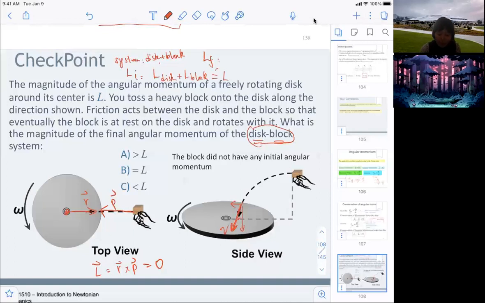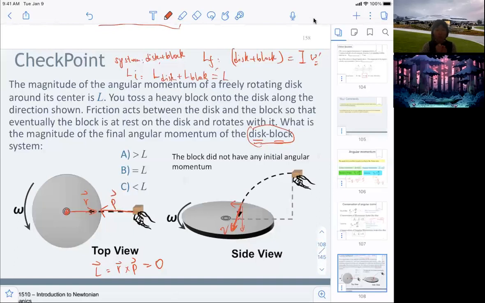What about finally? Finally the disc plus the block will be rotating together with some angular velocity, so I total times omega is the final angular momentum of the system. How does it compare to the initial? There is no external torque acting upon the system.